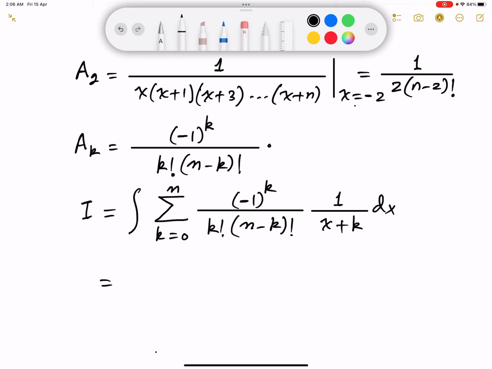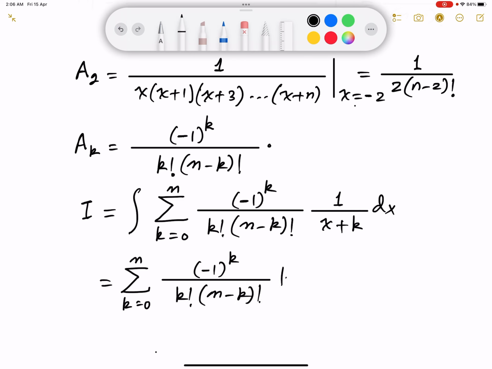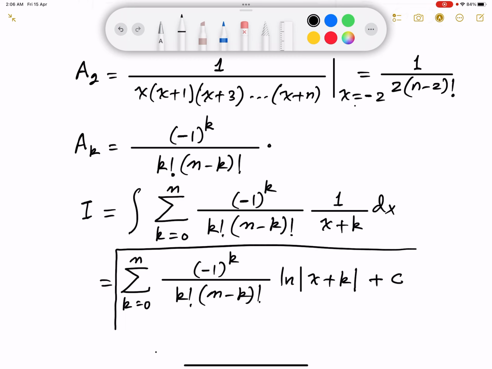Okay, so that's going to give us the summation from k equals 0 all the way to n of the same exact term, which is minus 1 to the power k divided by k factorial n minus k factorial, the natural logarithm of the absolute value of x plus k plus c. And that is basically the final answer to this integral.